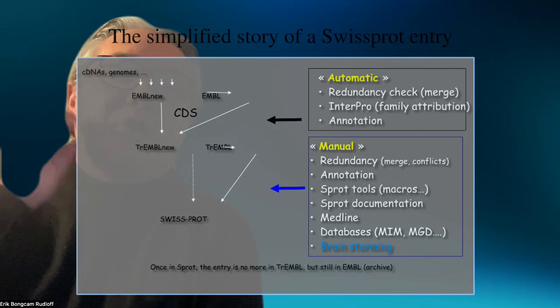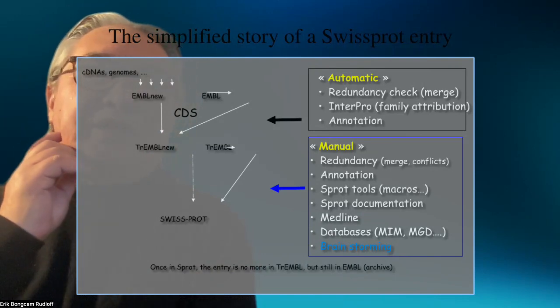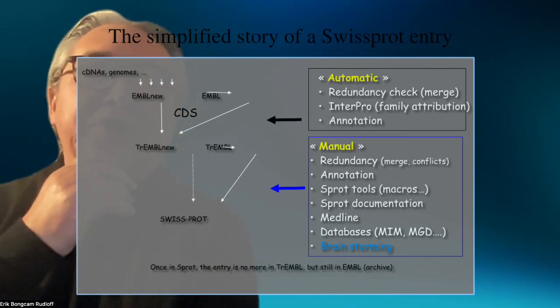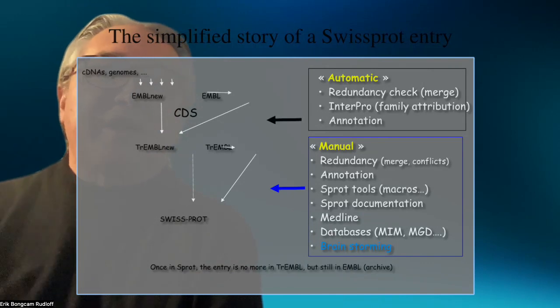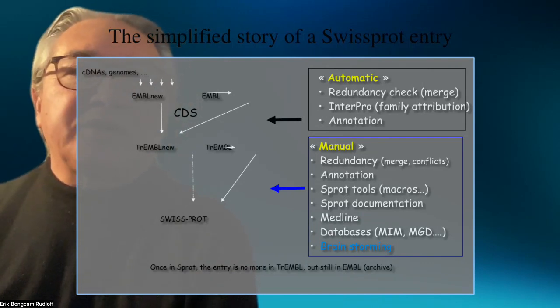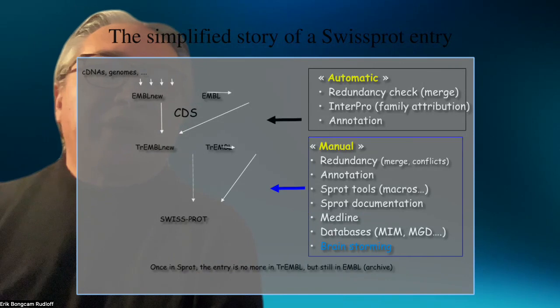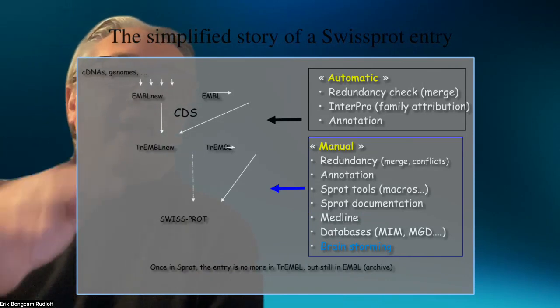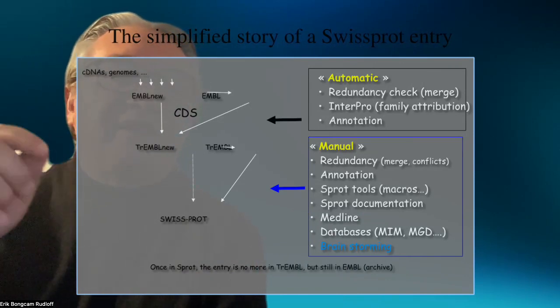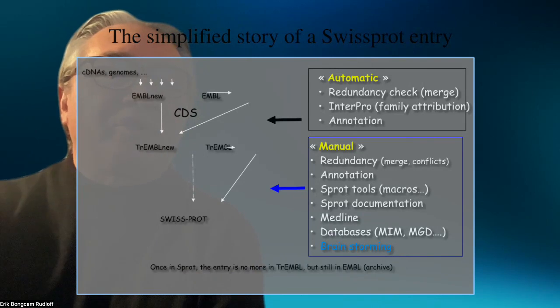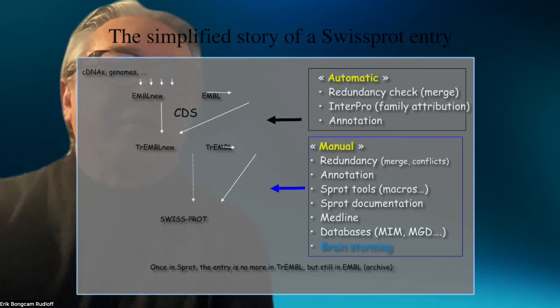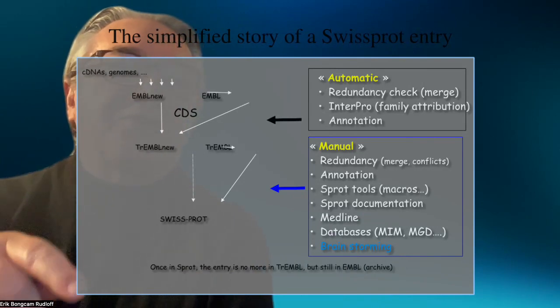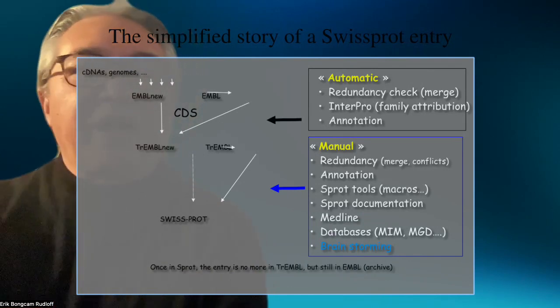And when it's in TrEMBL, it could be that a group in SwissProt discovers that this protein sequence is very high quality. They do the annotation. That makes that entry in TrEMBL disappear. But you will find it in SwissProt. Why do I tell you this?